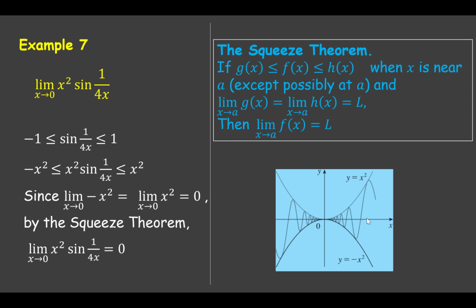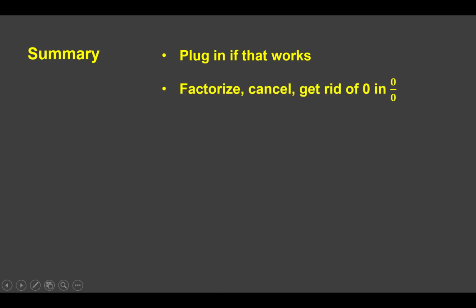Okay, that's all the examples. Let me give you a quick summary. So first, a very simple-minded method: you can plug in if that works. Now in most problems that we will see, it will not work because you run into a 0/0 kind of situation. So you will need to factorize and then cancel out the 0 factor to get rid of 0.